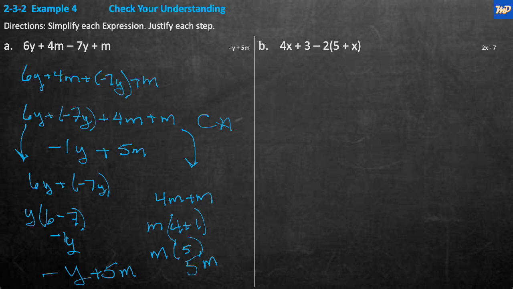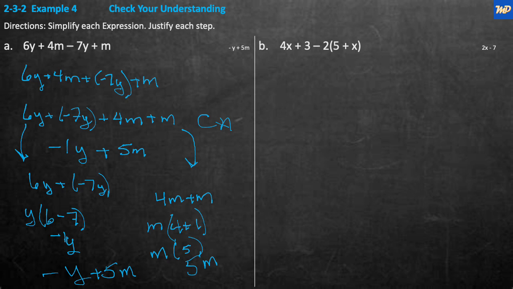So let's do B. B says, let's do 4x plus 3 minus 2 times, so we have to redo this with the distributive property because we need to get the terms separated. You can't have this 5 joined here with the x. You have to separate those to have separate individual terms to simplify it. Otherwise, you can never simplify this.